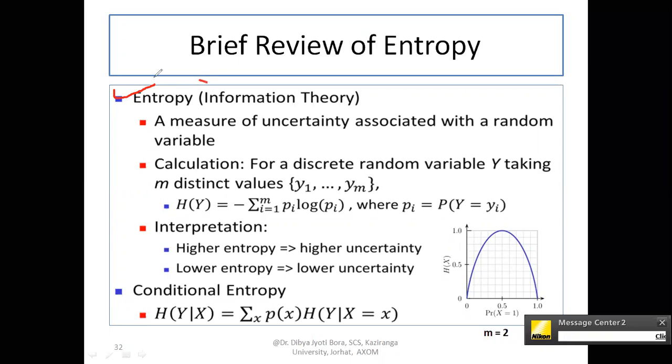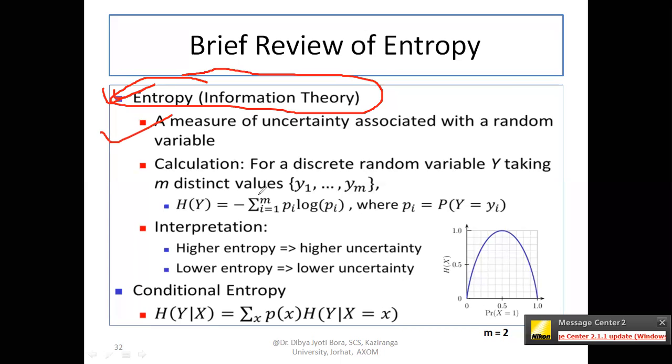So the first such measure is entropy or information theory. In your image processing also, you are frequently going to use this term, entropy. We frequently use this information gain to know what is the uncertainty level associated with a particular variable.